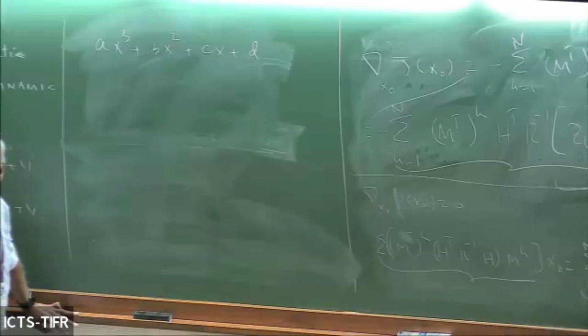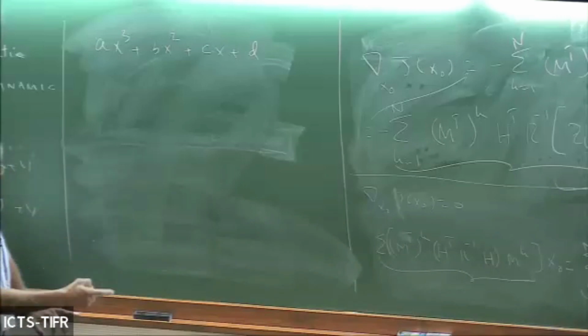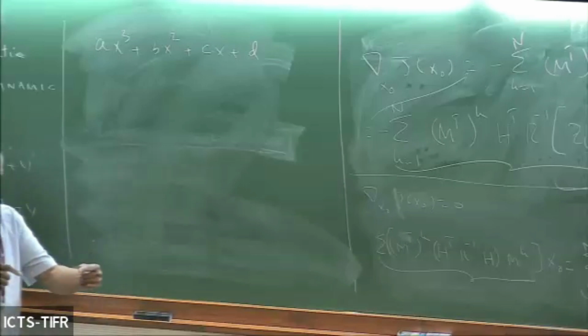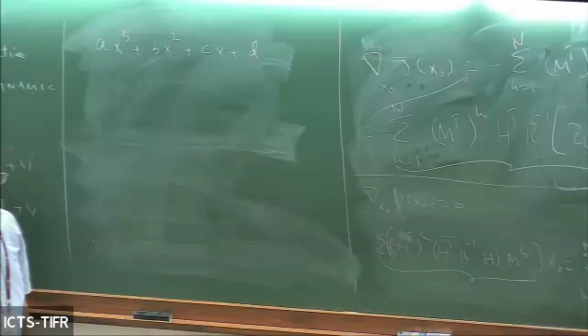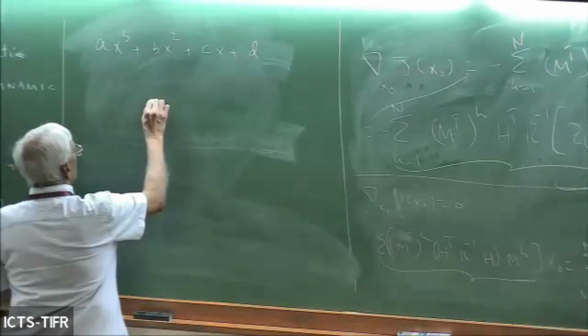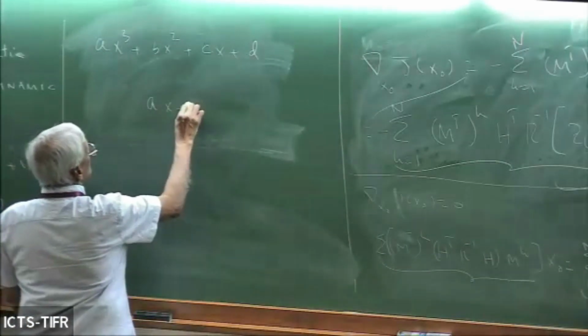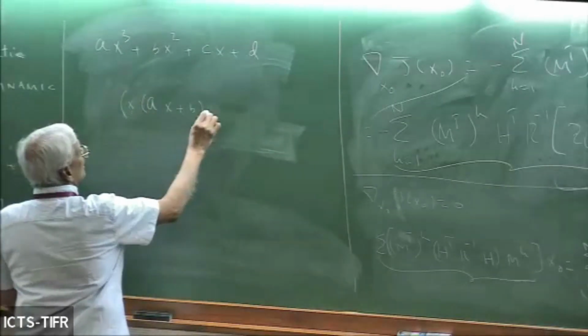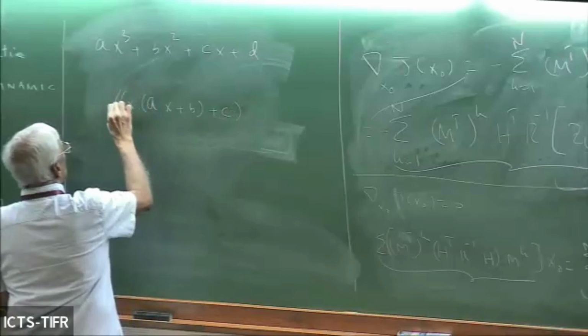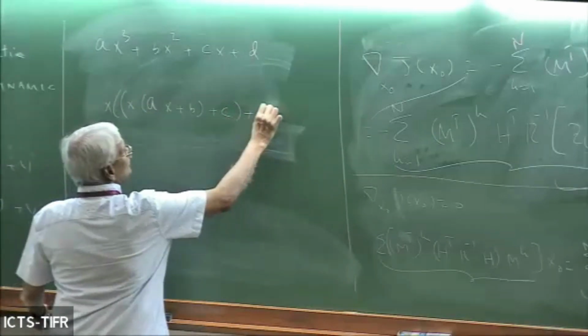What is one naive way of doing this? Compute x square, x cube, then multiply x cube by a, x square by b, c by x, d by x. You compute the total number of multiplications you need to do. Now, I'm going to suggest the following: a x plus b, times x, plus c, times x, plus d.